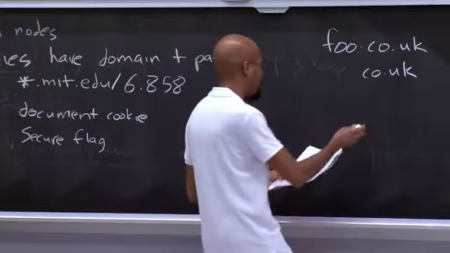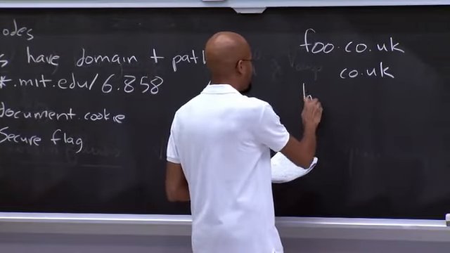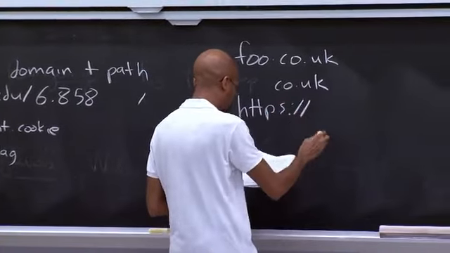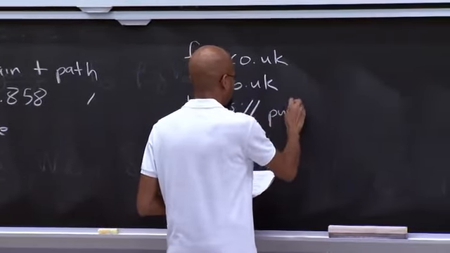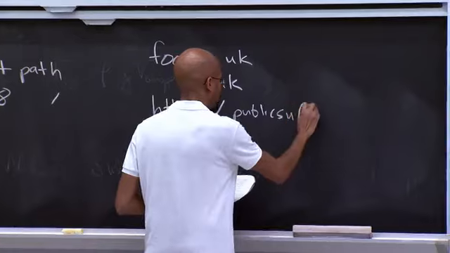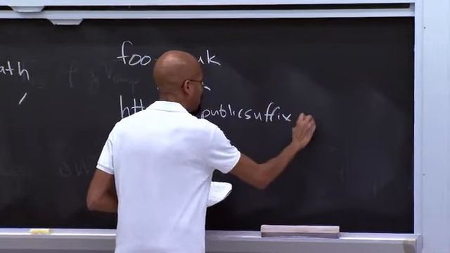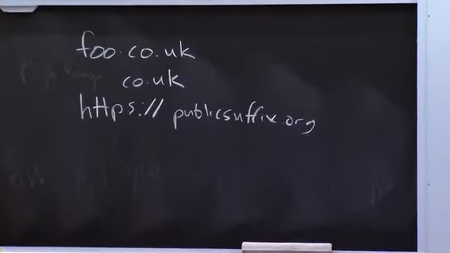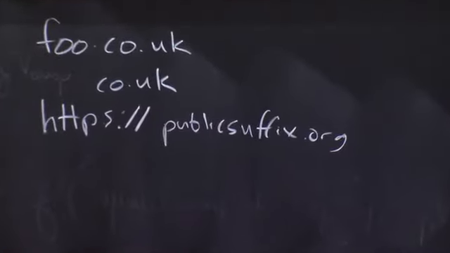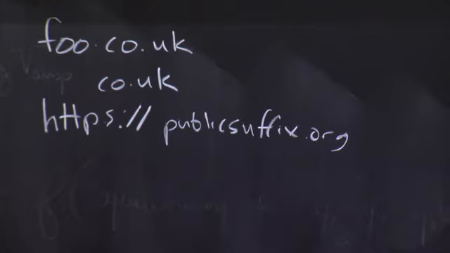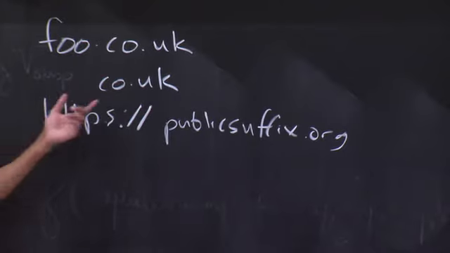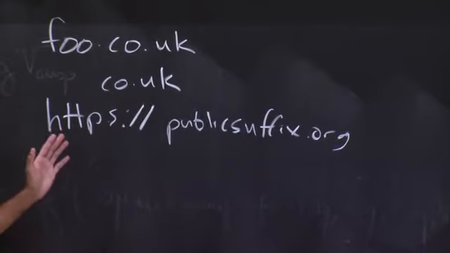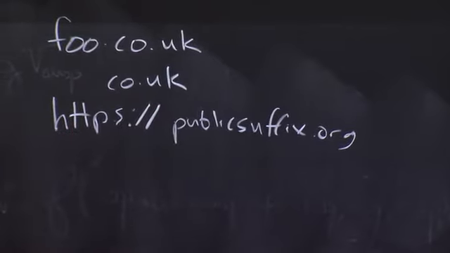Essentially Mozilla has this website called publicsuffix.org. And basically, what this website contains are lists of rules for how cookies and origins and domains should be shrunk, given that some things might have dots in them, but actually should be treated as a single atomic thing.